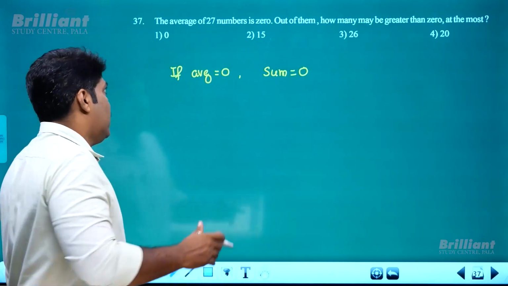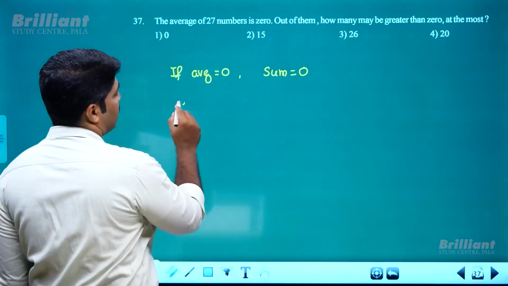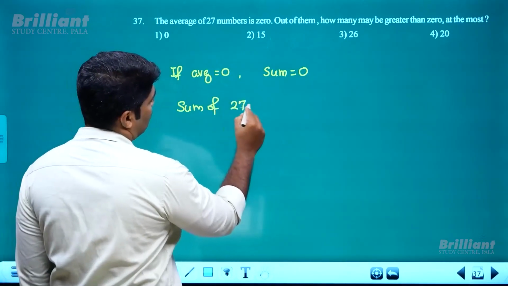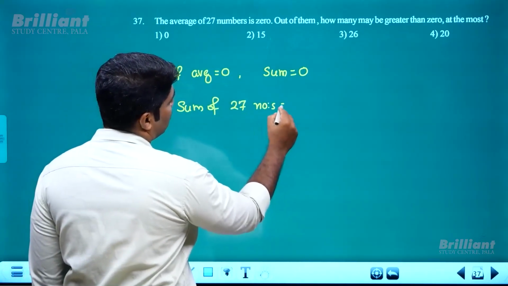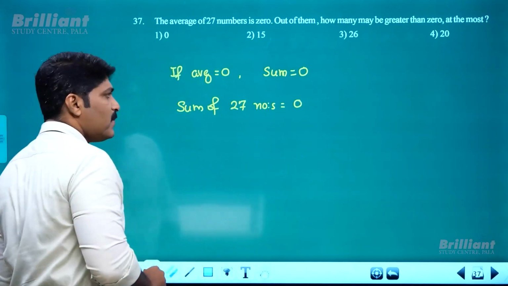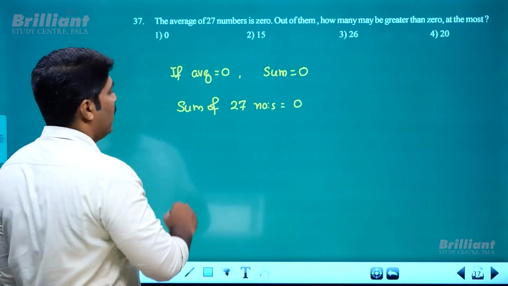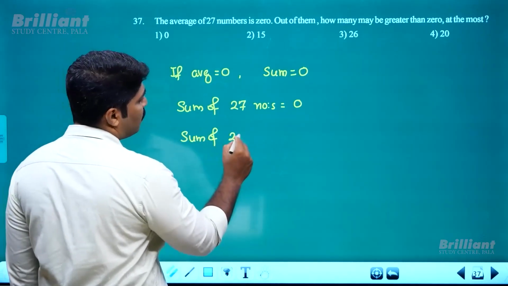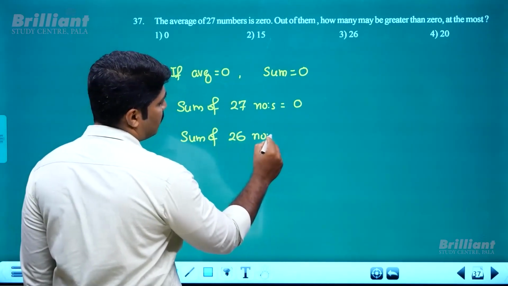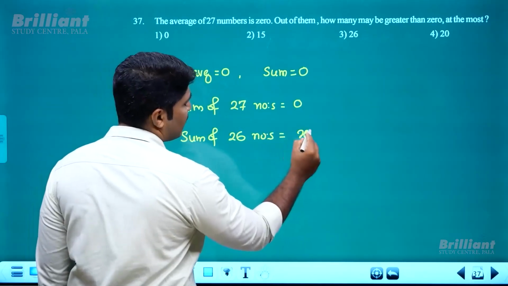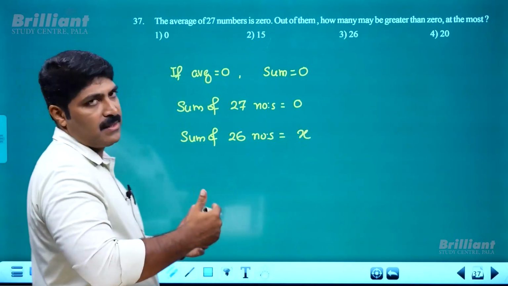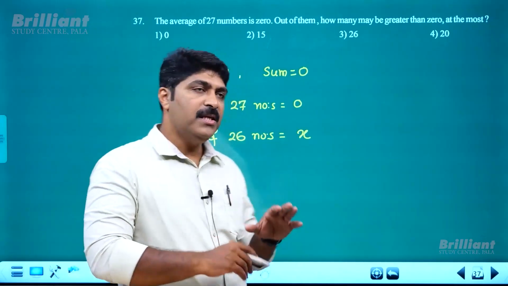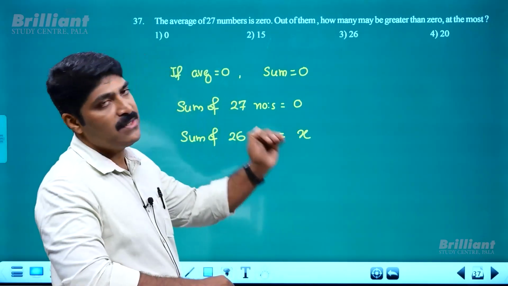That means the sum of these 27 numbers is 0. Just consider a situation. I am considering the sum of 26 numbers among them as x, a certain quantity. I am considering all these 26 numbers are greater than 0.